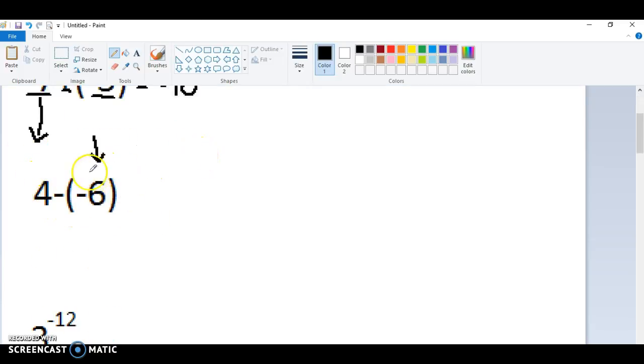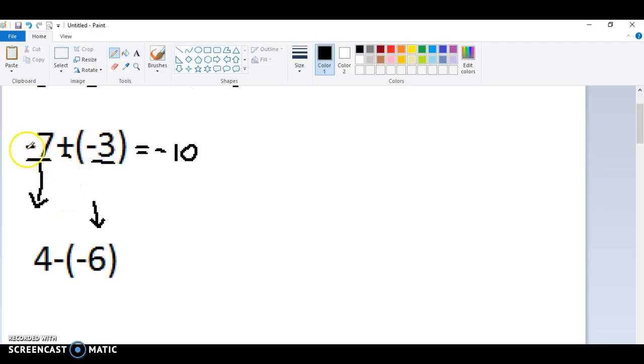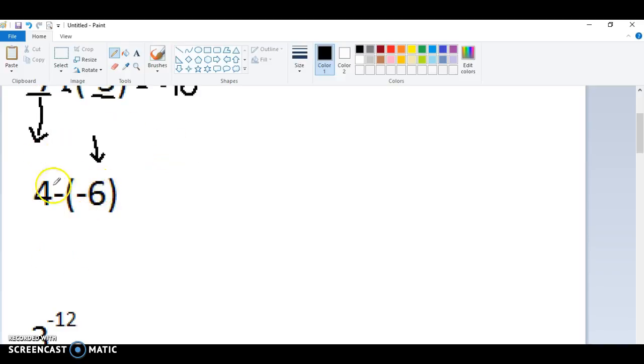So same thing goes with this, it will make more negatives. Now when dealing with this problem here, we have 2 negatives directly in a row. In this problem we have a negative and a negative, but they're not right next to each other. They're separated by a plus sign and a number. So this was okay. In this question, this is not okay. These will need to be changed out. So these 2 need to be changed out to a plus.